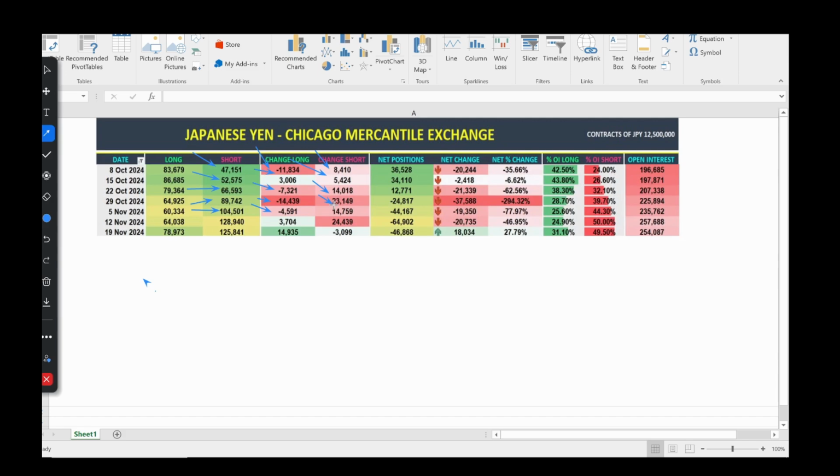Now that means that when they are adding short positions on the JPY instrument, they are inversely adding the same positions on the USD, but on the long or the buy side. That's why we are seeing the USDJPY trending to the upside.